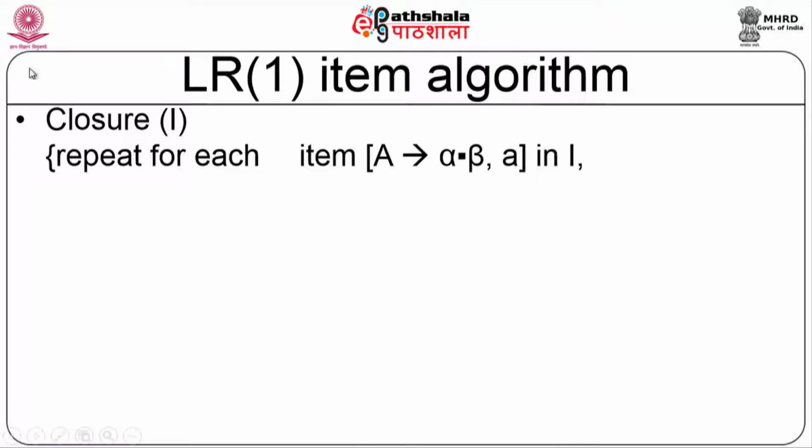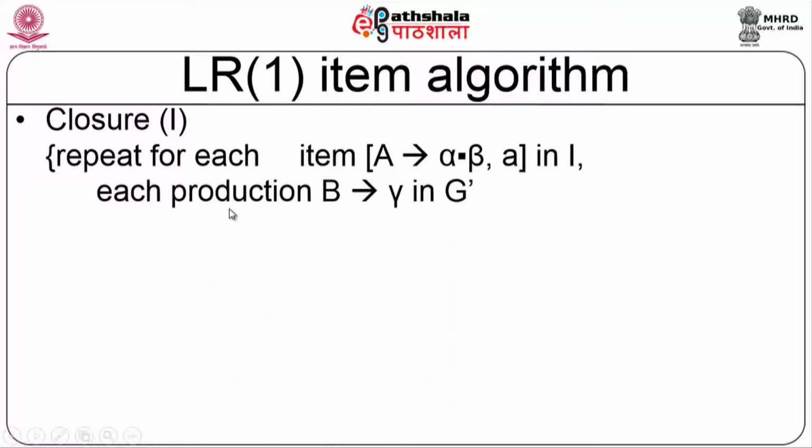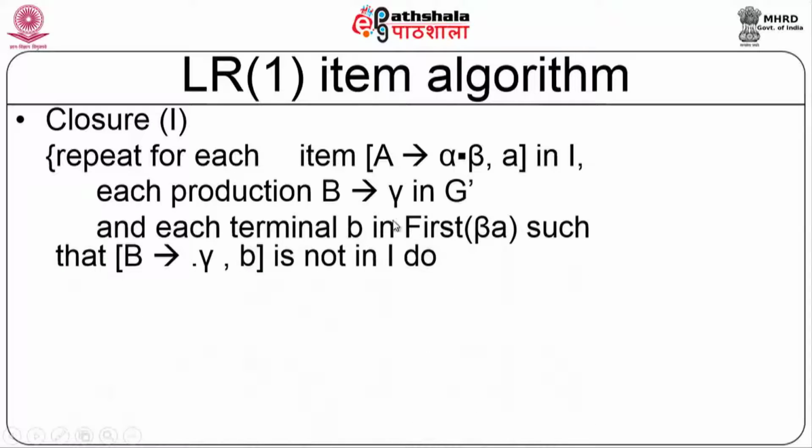Closure of I is first called, and you have to repeat for each item of the form A produces alpha dot beta comma a present in I, and for each production B produces gamma in G dash, and each terminal b in first of beta a, that is, after the dot whatever I have here along with the terminal a, such that B produces dot gamma comma b is not in I, add this item to the item set I.